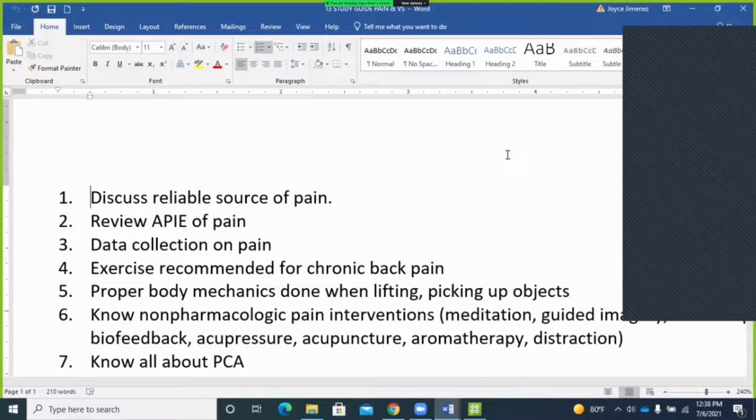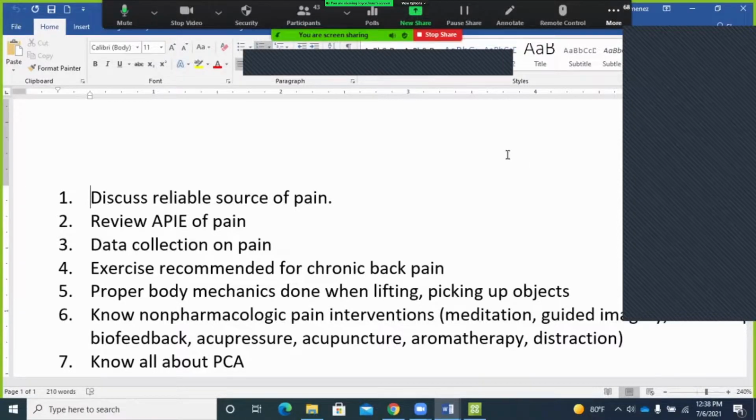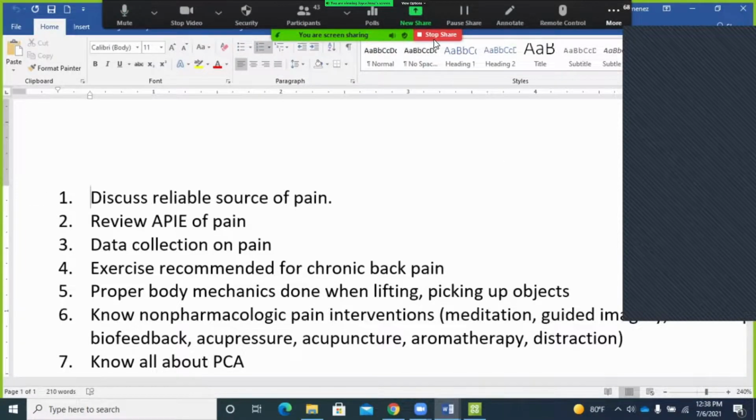Always look at the subjective data first, which is coming from the client. But I also want you to know the physiologic findings, which is your objective, right? Anything you can measure, feel, see, hear, taste, right? Is it clear? Please stop me if it's not clear.